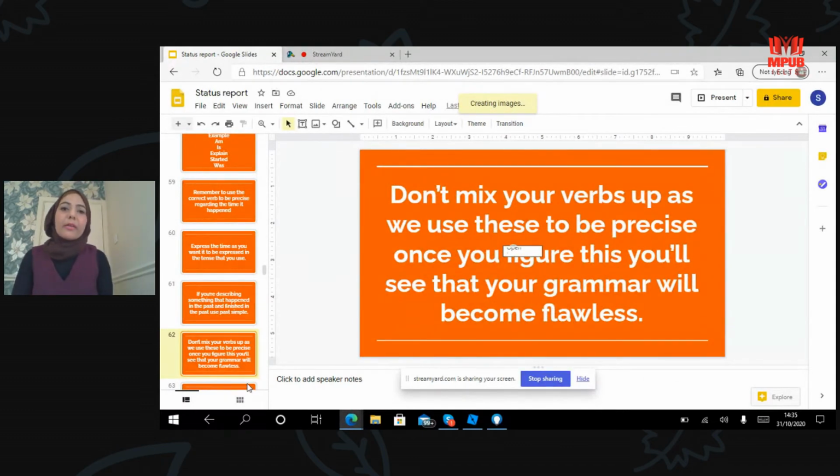And remember, don't mix your verbs, as we use these to be precise. Once you figure this out, you'll see the grammar will become flawless. So make sure that your verbs fit the space of time when the event happened.